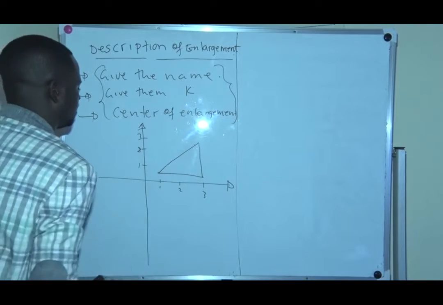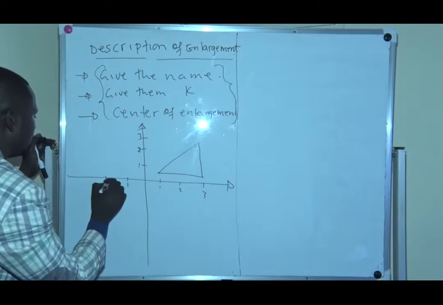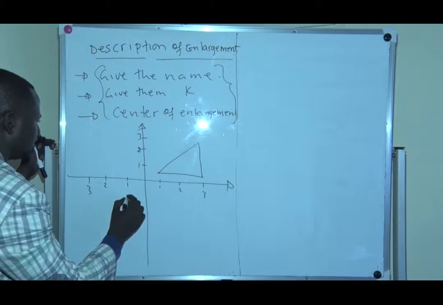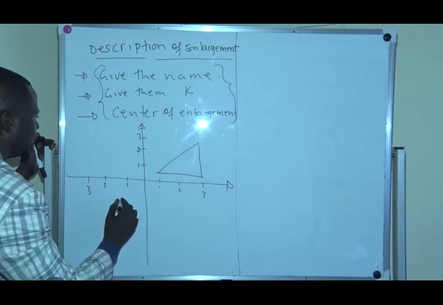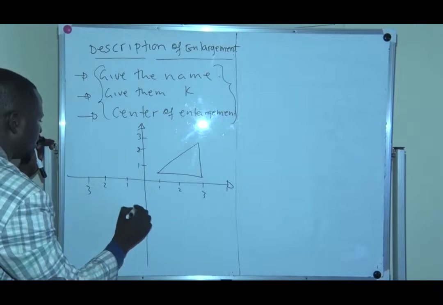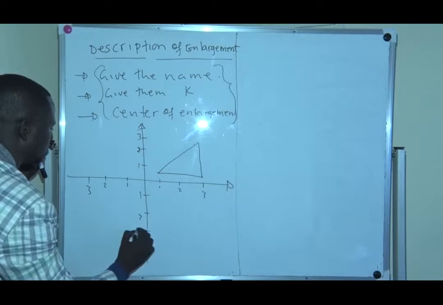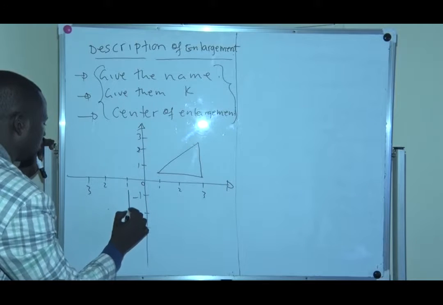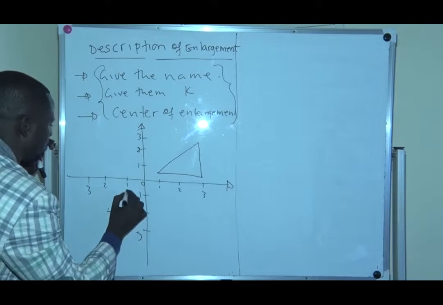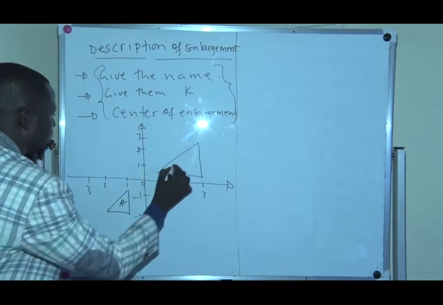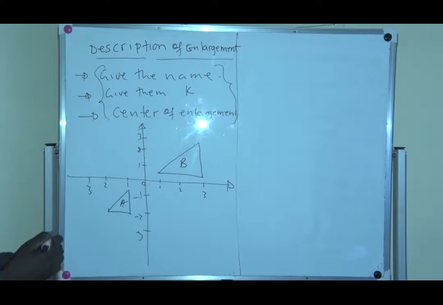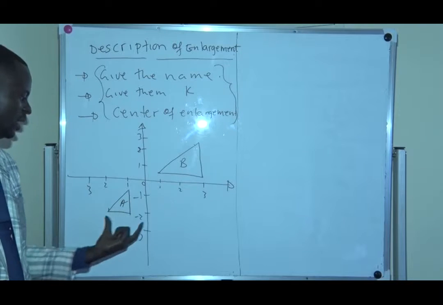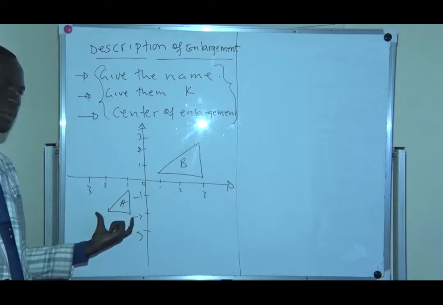This is triangle A, this is triangle B. If you look at these two triangles, one is bigger, one is smaller, and they've got the same shape.